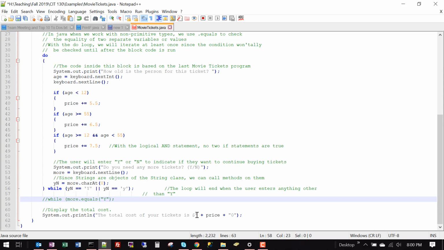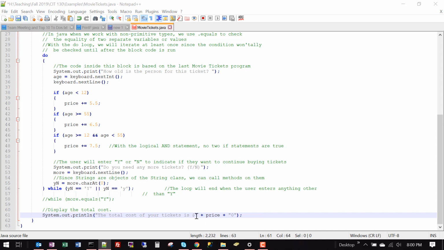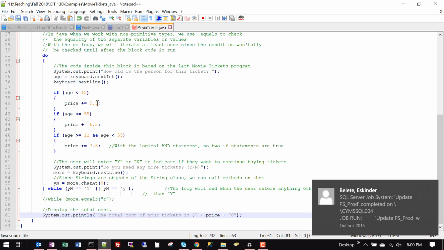So when we put in the dollar sign here, and we put this little +0, we were only able to do that because our prices all ended in a 50-cent range.